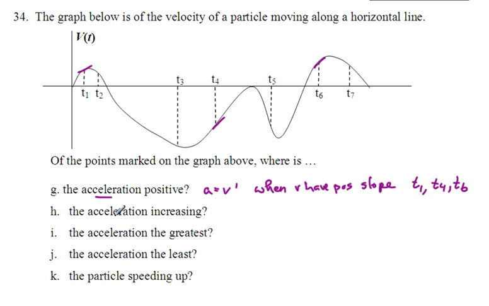All right, next we are asking, when is acceleration increasing? That's like asking, when is V prime increasing? We know V prime is increasing when V double prime is positive. And if V double prime is positive, that means that V is concave up.